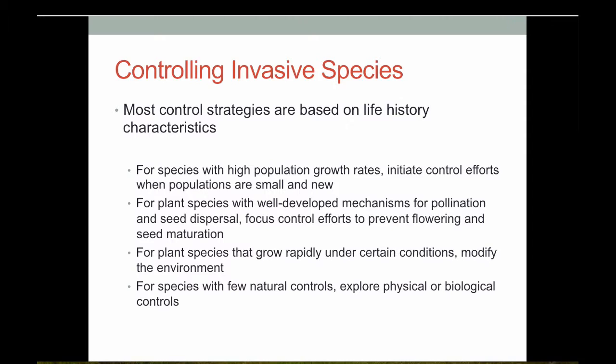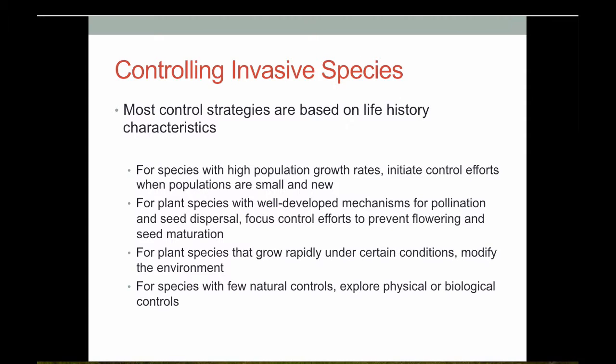You can go to APHIS, for example, to see if there are specific strategies for controlling or regulating or minimizing the effect of, say, hemlock woolly adelgid, an introduced insect pest that's decimating our hemlock forests across the eastern U.S. They are actually looking at biological controls, other insects that they can release that then feed on the adelgid, just as an example.